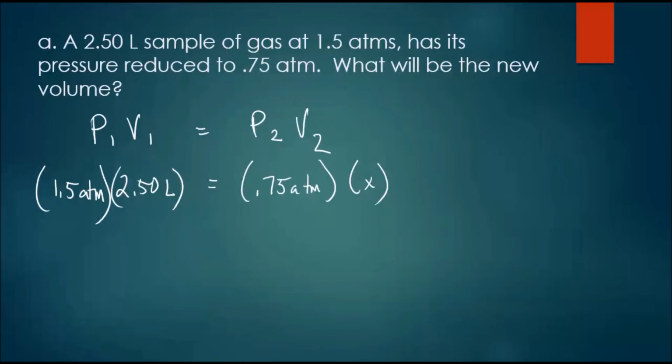You should always have what two things on your desk? Periodic table and a calculator. All right, this looks like a simple algebra problem. Multiply those two numbers and divide both sides by 0.75.